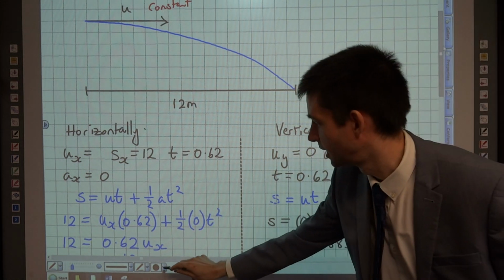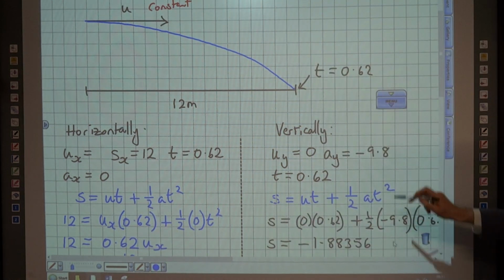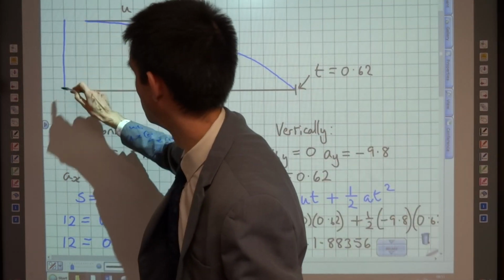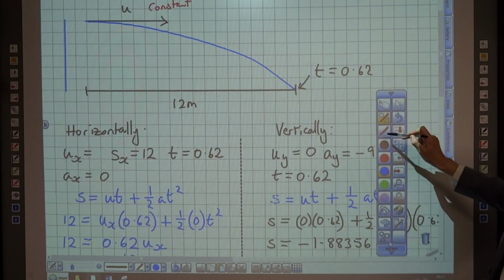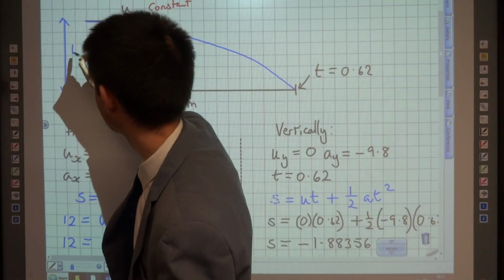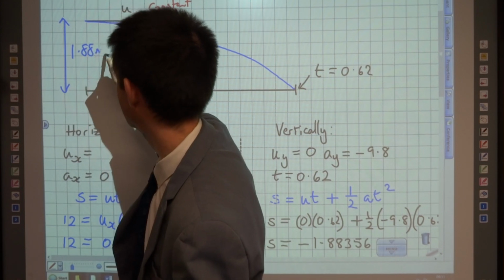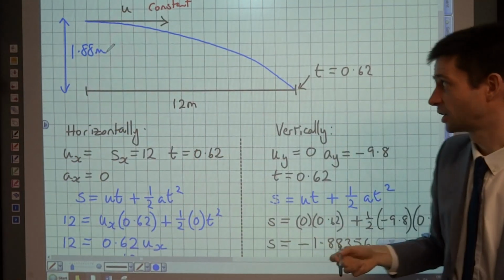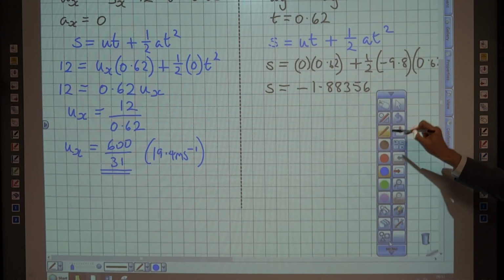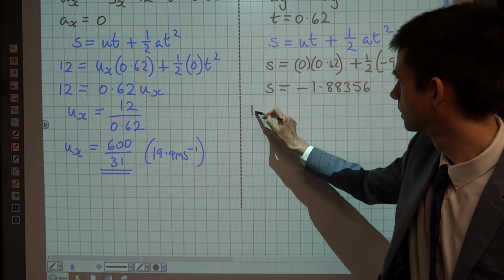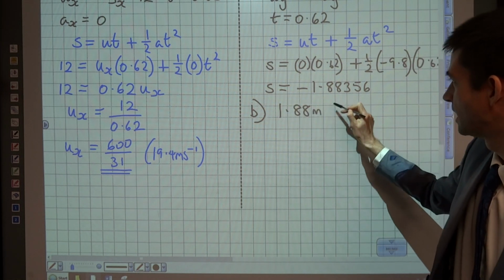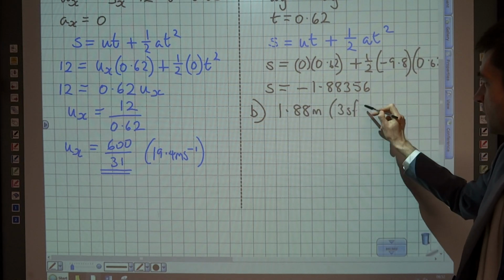So what we've calculated is this vertical height, from which the ball was initially projected, is 1.88 metres, and it's come out negative because it's below the point of projection. So our solution to part B is that the height of projection was 1.88 metres to three significant figures.